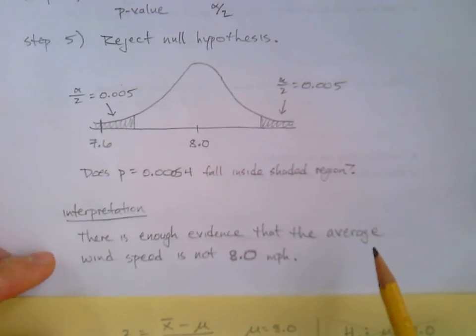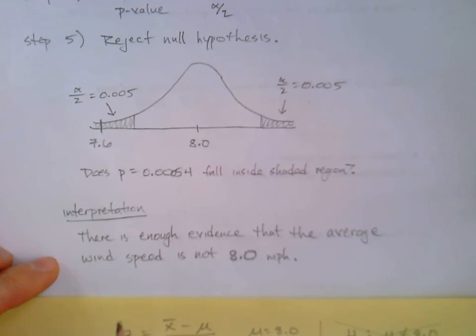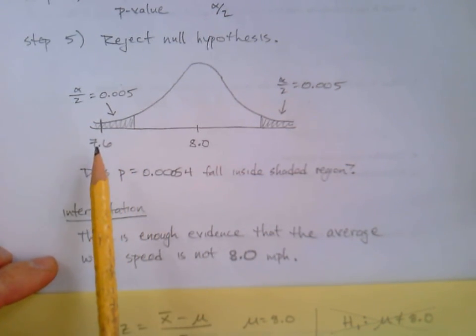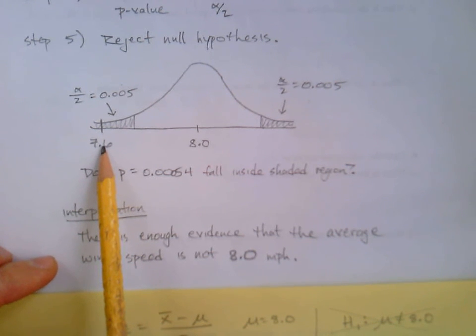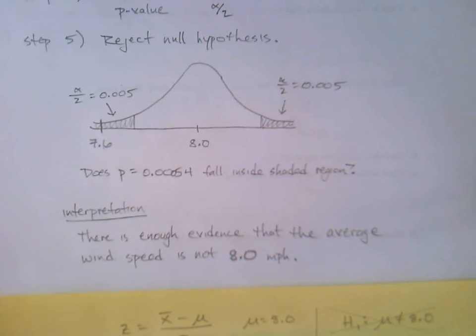Notice in the interpretation, we don't say anything about the 7.6. All we say is there's enough evidence that it's not that. The chances of us taking a sample of size 24 and the average coming out to be 7.6 is so minuscule that this probably wasn't really the average in the first place.